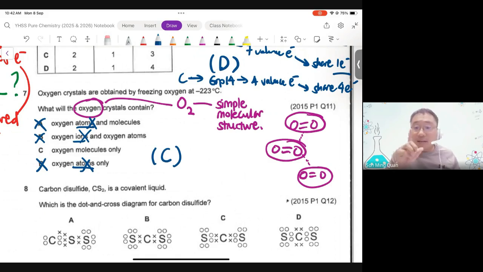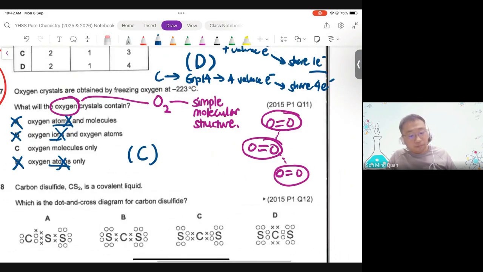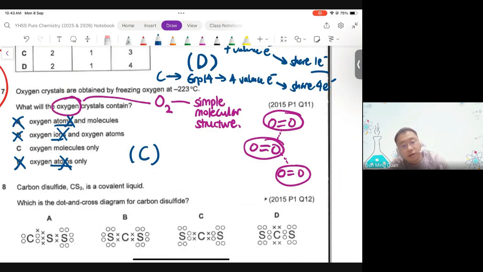So what can contain atoms? There are only two things that can contain atoms in the structure. Atoms are only present if it's giant molecular. So like diamond. Diamond consists of carbon atoms.